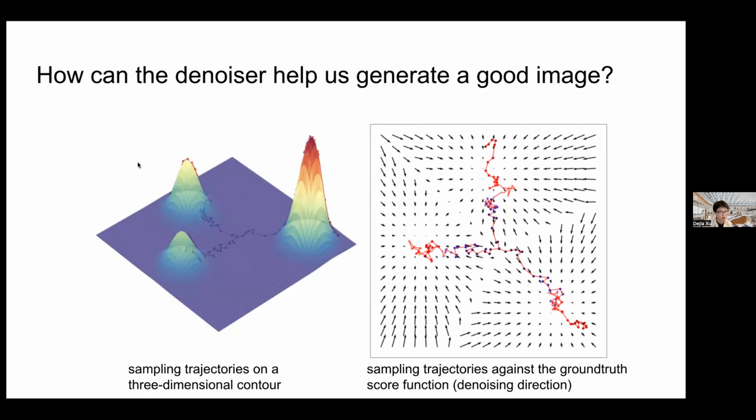So let's first take a look at the figure on the left-hand side. Consider each location on this 2D grid is an image, and the higher the location is, the better the images are.